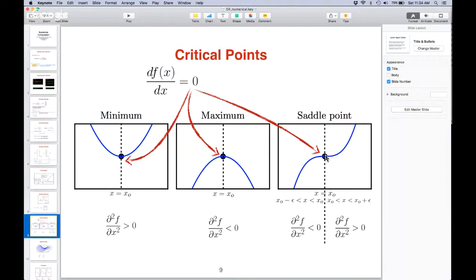That means it's a critical point. However, if one of the second derivatives of f with respect to one of the 100 features is negative and the rest of them are all positive, that means it's a saddle point. It's not a local minimum or maximum.